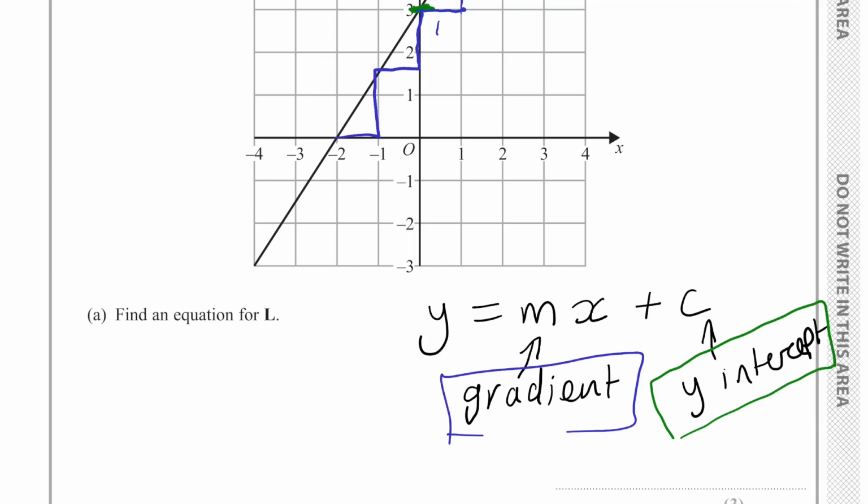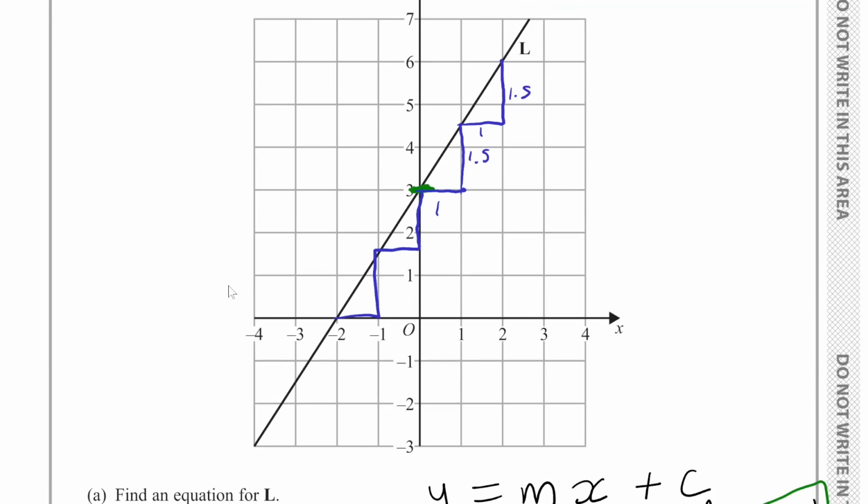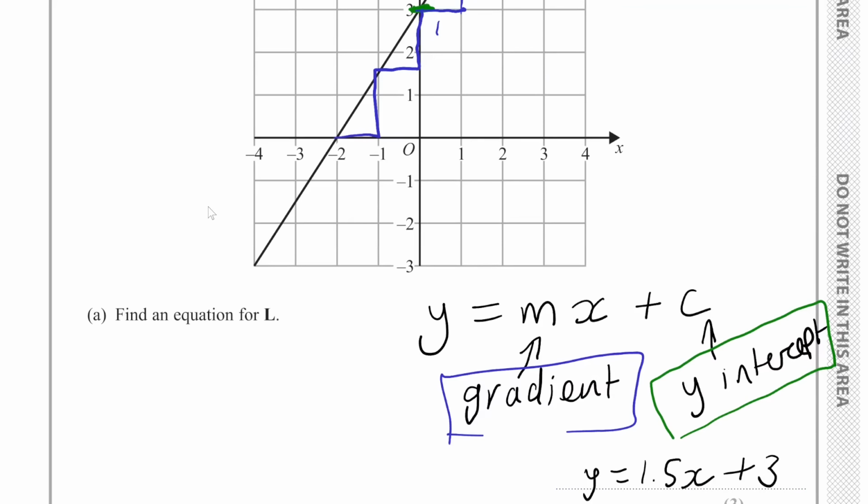So the gradient is 1.5. Y equals 1.5x plus c, which is 3. So for every 1 we go across, we go up 1.5, and we cross the y-axis at 3. Y equals 1.5x plus 3.